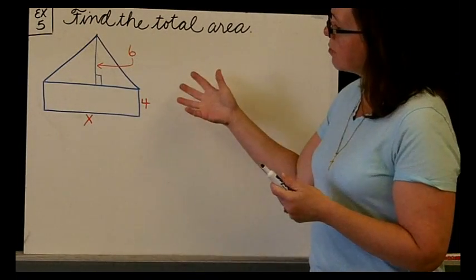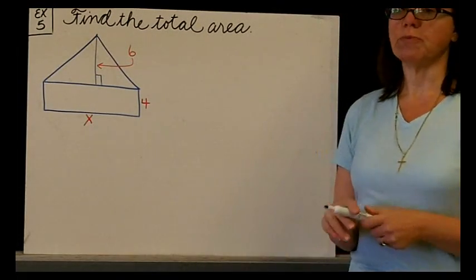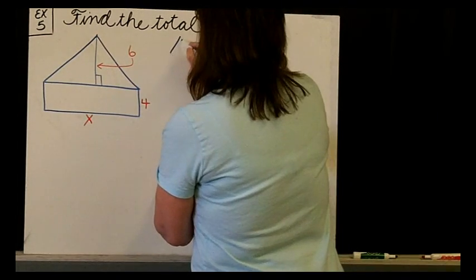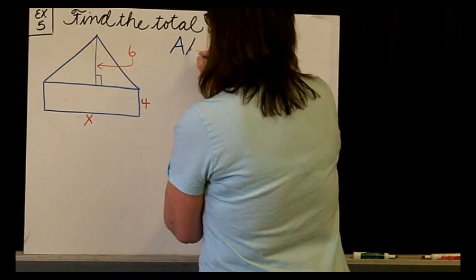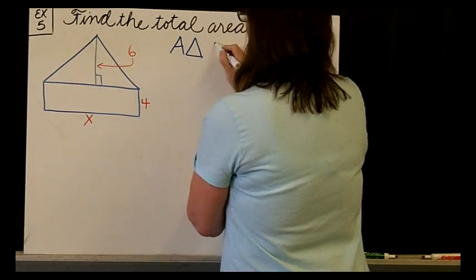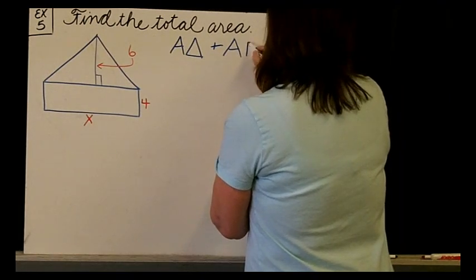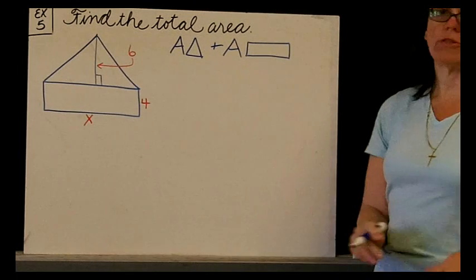But I want to put up a note here to remind us of what we have to do. In order to find the total area, we have to remember that that means getting the area of the triangle and adding that to the area of the rectangle. Only then will we find the total area.